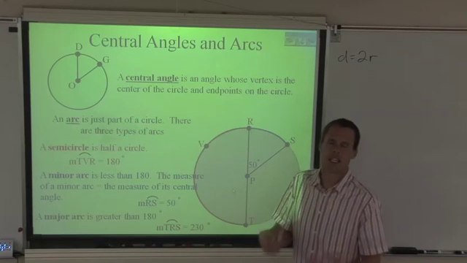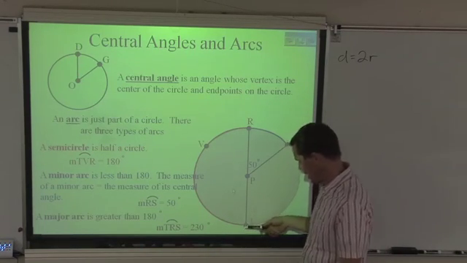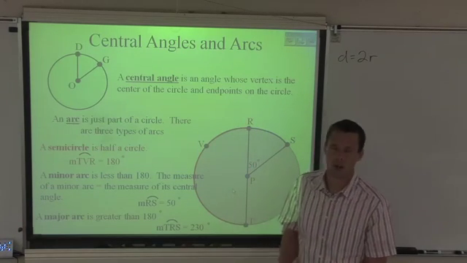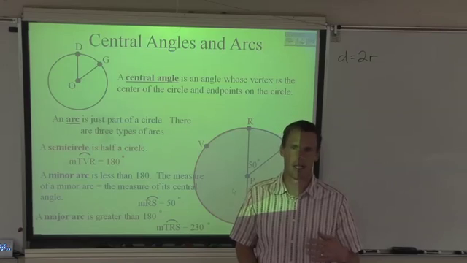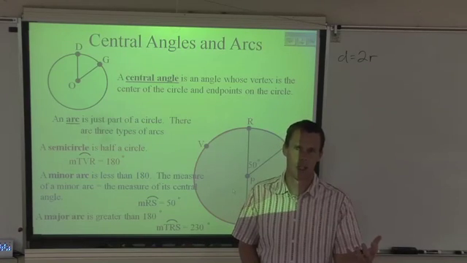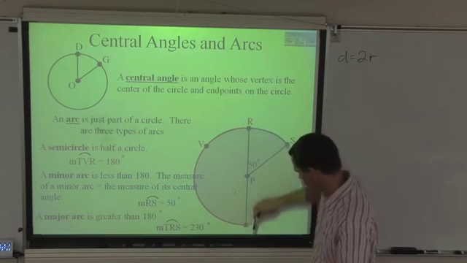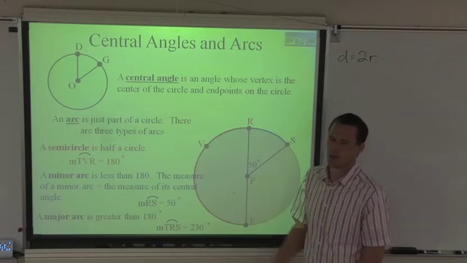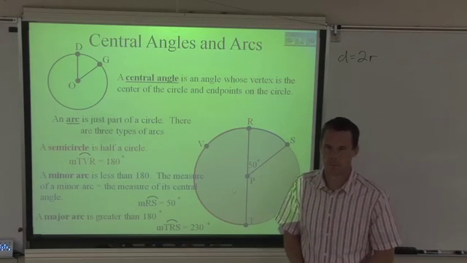See, we have to hit the letters in order. T, R, S. And I know it's 230 degrees because I'm going to combine my semicircle plus my minor arc. 180 plus 50 equals 230 degrees.